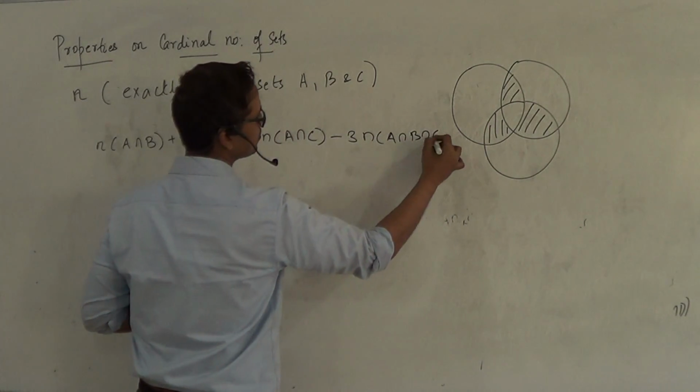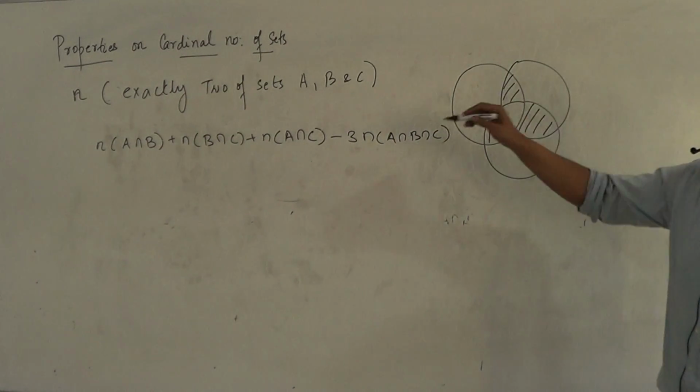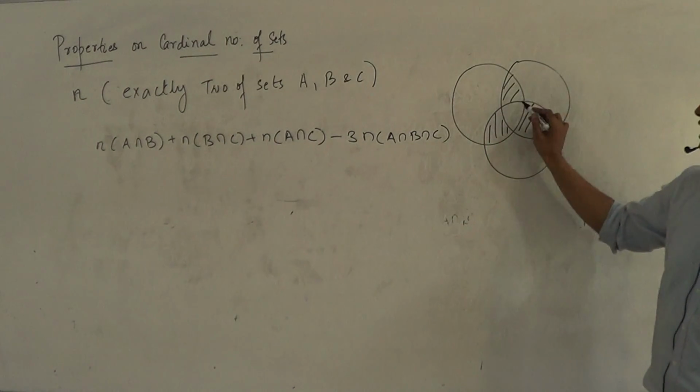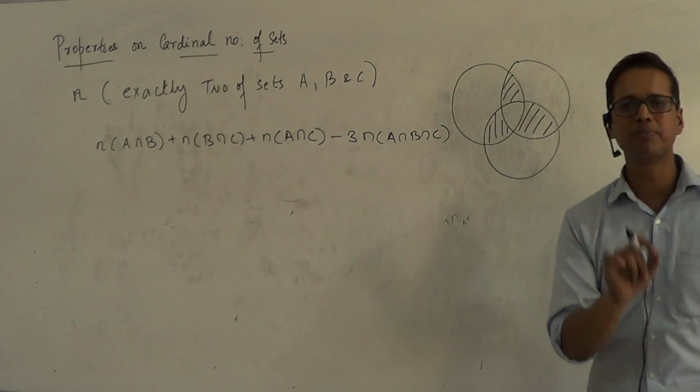Is it correct? Yes, it's obviously correct because the first term is this entire thing, the second term is this entire thing, the third term is this entire thing. When you realize that, the middle part comes next.